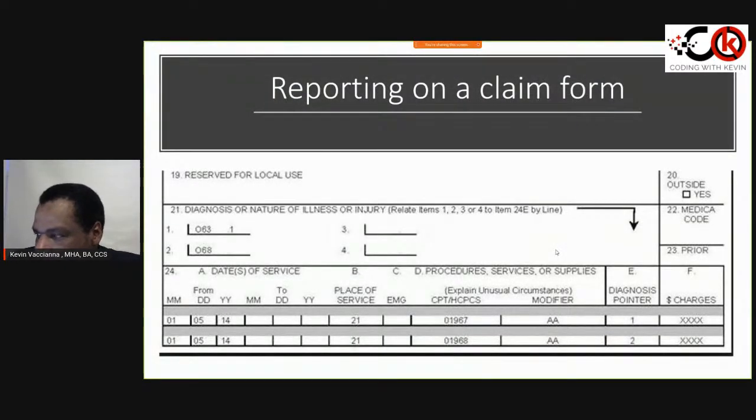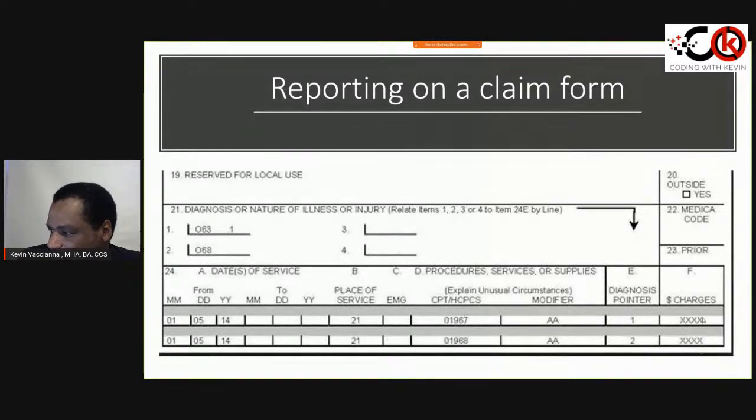And this is how it will look on a claim form. This is your diagnosis. Okay. Your date of service, your place of service, the CPT code for it, your physical status modifiers, your AA, and I'm pointing to diagnosis number 1. That's how I'm reporting it on the claim.